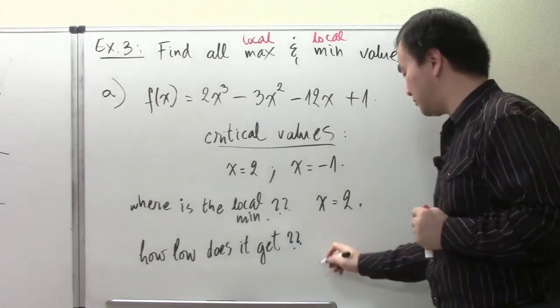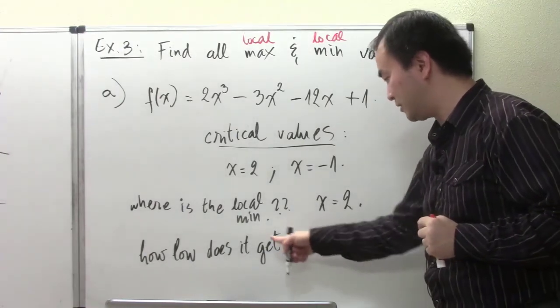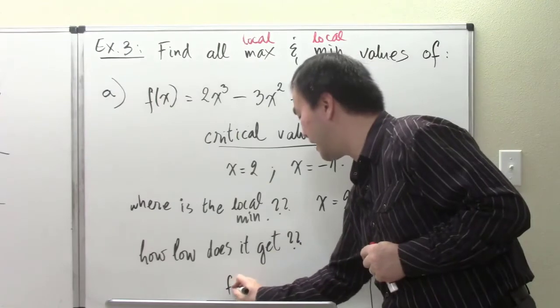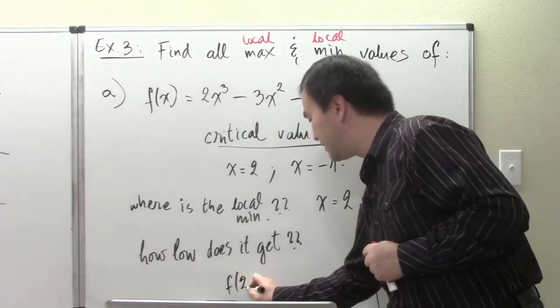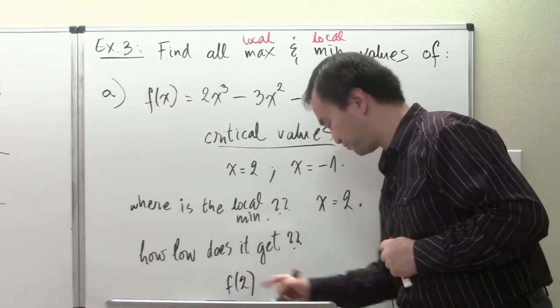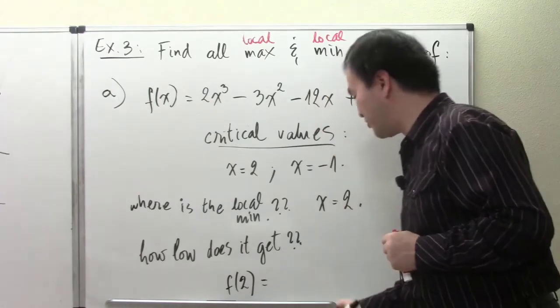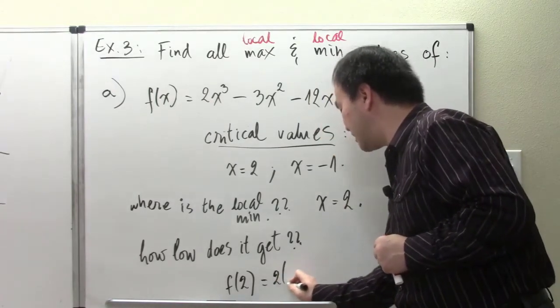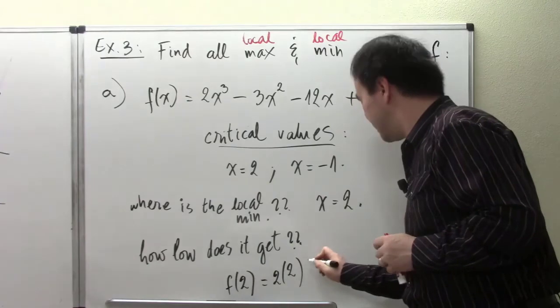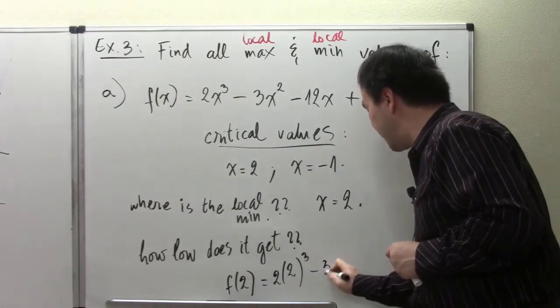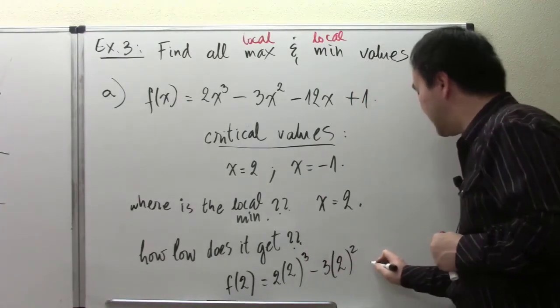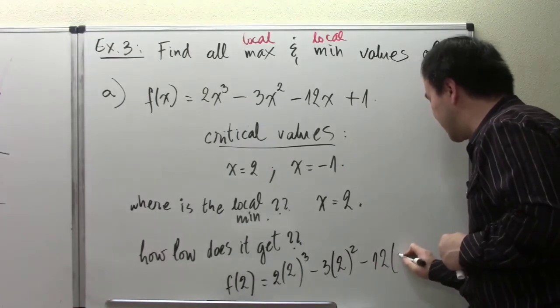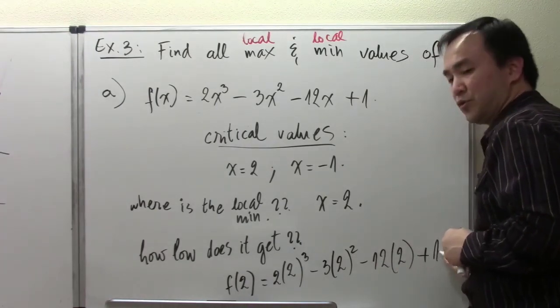Okay, so to get how low the function value is, once again we have to take the critical value and substitute that into our actual function. And so now it's 2 times 2 cube minus 3 times 2 square minus 12 times 2 plus 1.